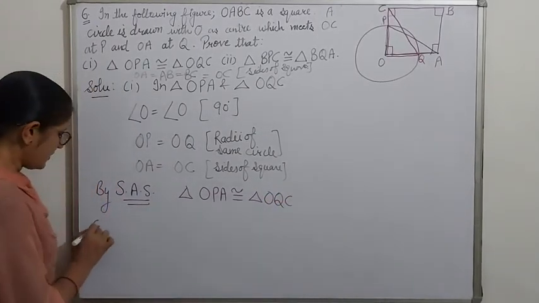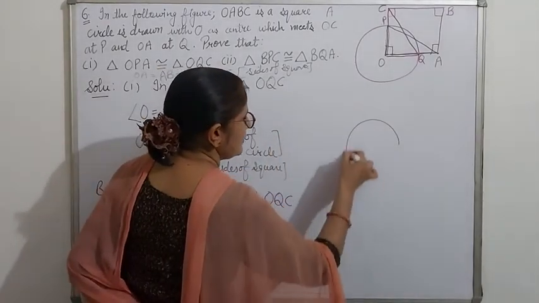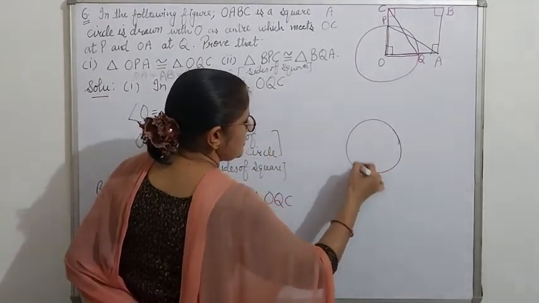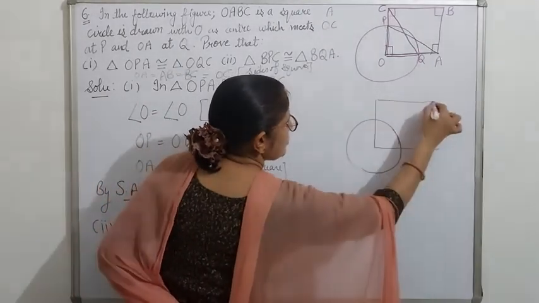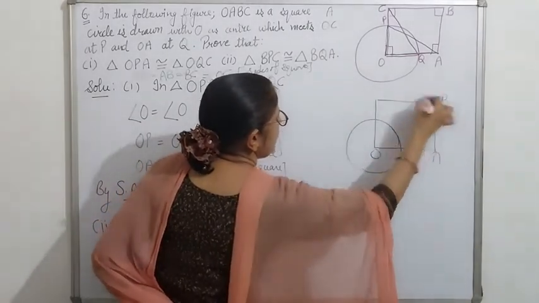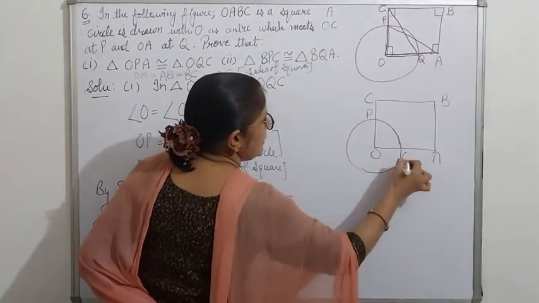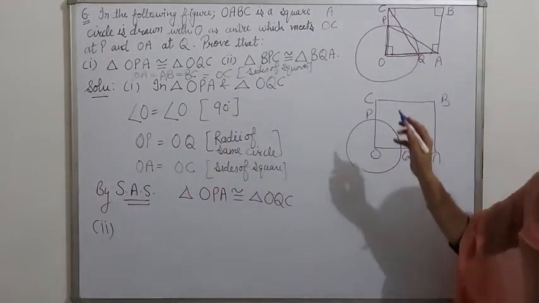Now for the second part, we draw this diagram again. This is a circle using vertex O. This is O, A, B, C, P and Q. Now BPC.